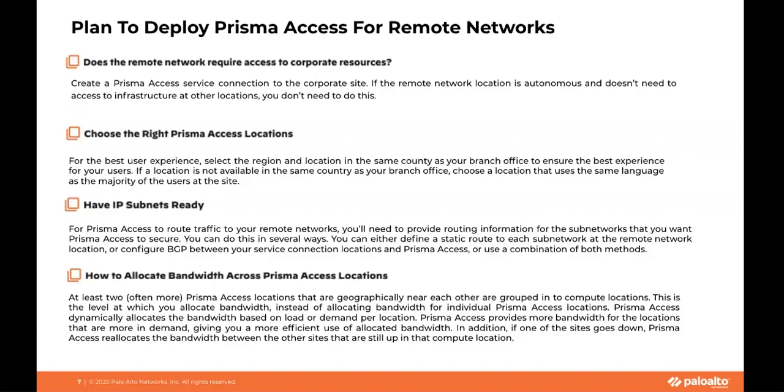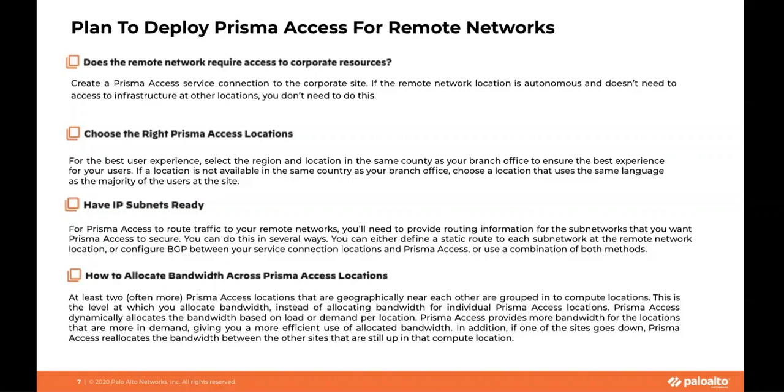Next is bandwidth allocation per compute location, or how to allocate bandwidth across Prisma Access locations for remote networks. In our upcoming 2.0 release, we are introducing a feature called aggregate bandwidth. You can use this feature to allocate bandwidth per compute location.